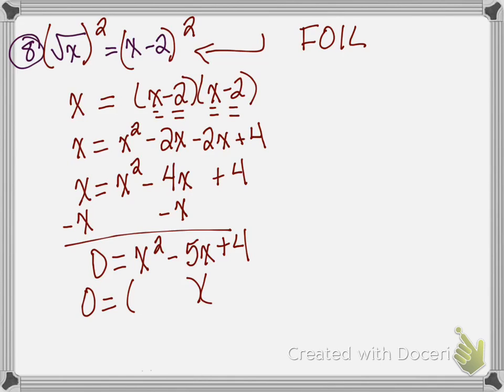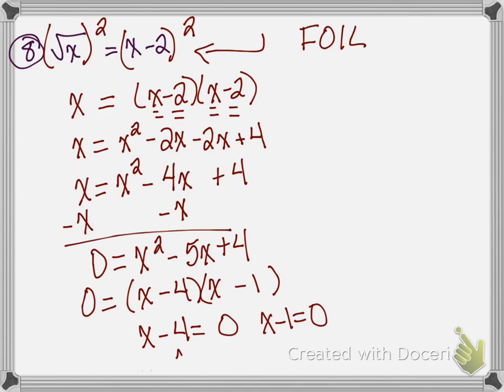What 2 numbers multiplied together give me positive 4, and added together give me negative 5? Excellent. Negative 4 and negative 1. So when I put each one of these equal to 0, I get x equals 4 and x equals 1.